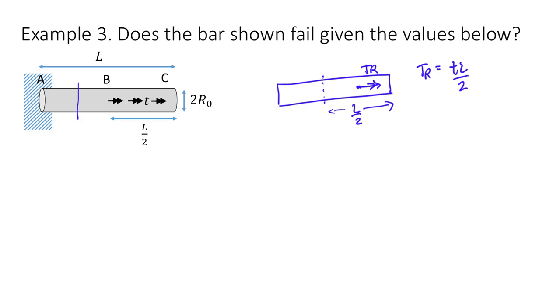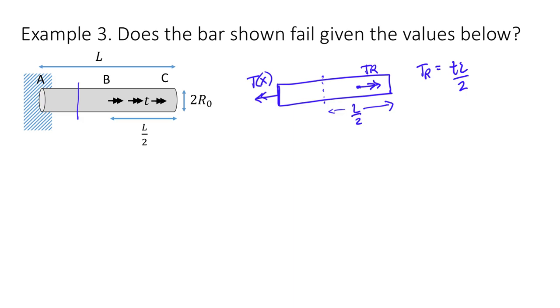And now I'm going to define the unknown torque, T of x here, the internal unknown torque. And I define it in the positive direction so that it's facing away from the face of the bar.